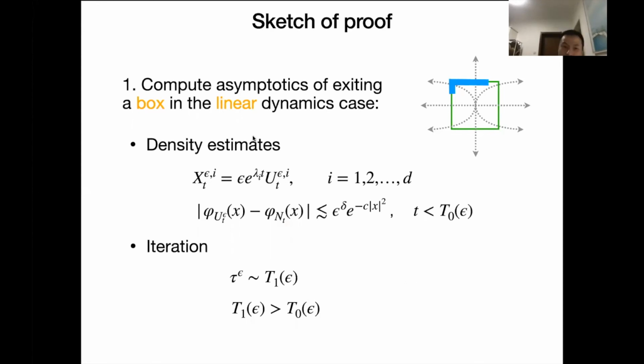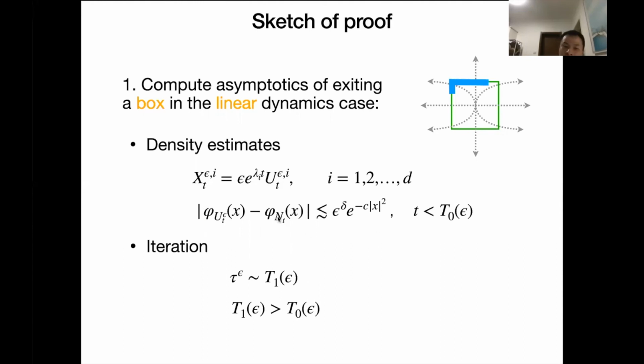Even though in the linear case we can express the solution using the Duhamel formula, here U is a Gaussian-like process. It's not actually Gaussian. In the end, we realized that we need to give a density estimate. Here we bound the difference between the density of U_T and M_T by epsilon to some power delta and the uniform Gaussian tail.